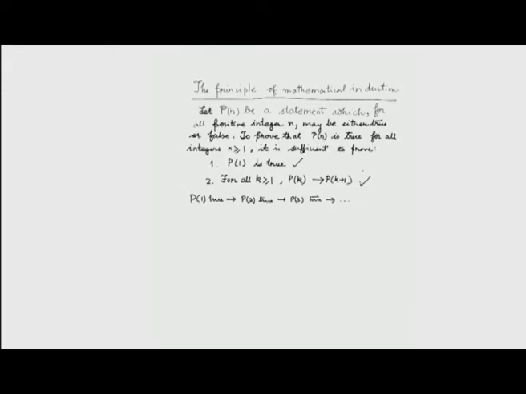Now, what we observe over here is that this number 1 is very specific, and we can relax the situation a little more. So, it may so happen that some statements may not be true for 1, 2, 3 up to a fixed positive integer, but after that the statement may be true for all the other integers greater than that specific integer.